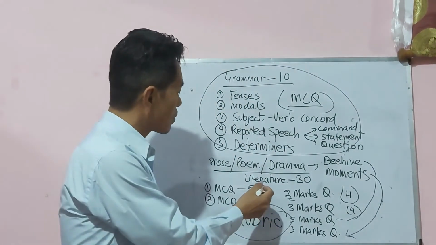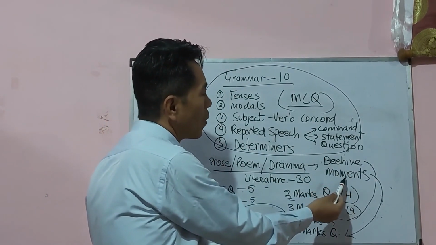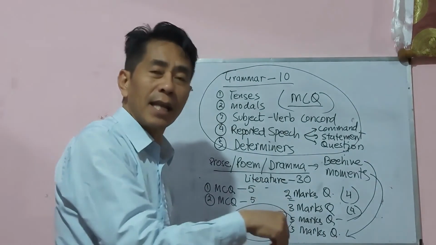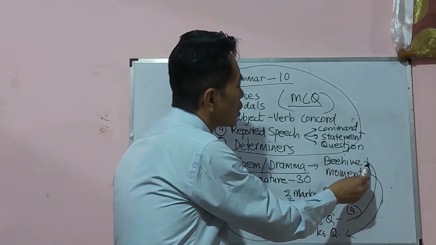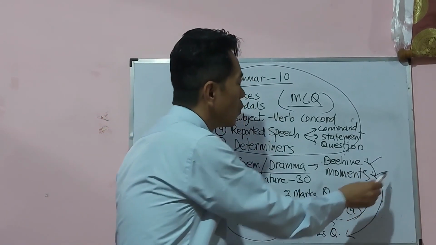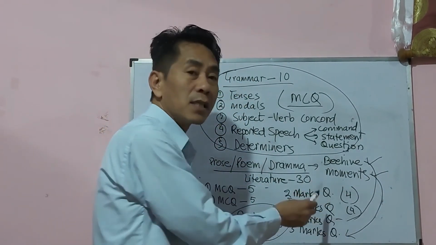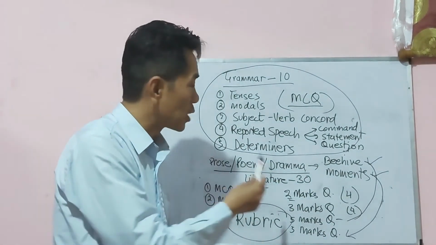As far as the literature is concerned, we have got 2 textbooks, Beehive and Moments, and according to the latest syllabus, a few chapters have been deleted from the Beehive, and another few from the Moments. It's already on the website, so you can check this.